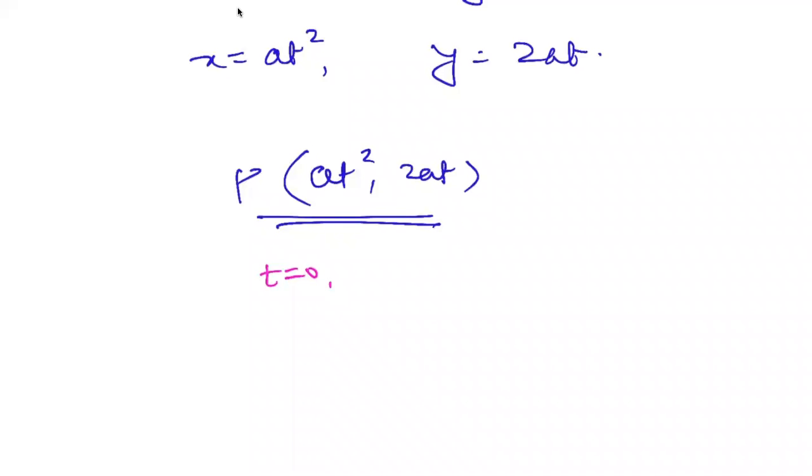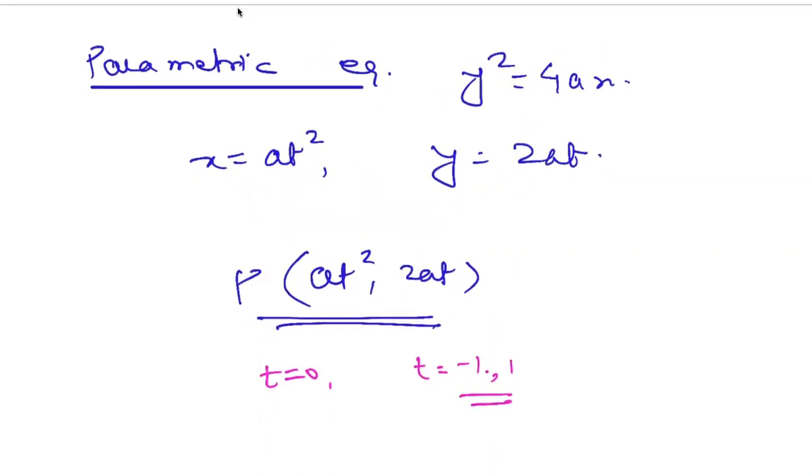For t is equal to -1 or t is equal to 1, you'll get the end points of the latus rectum, and so on. Every point is there. So this is known as the parametric equation of the parabola.